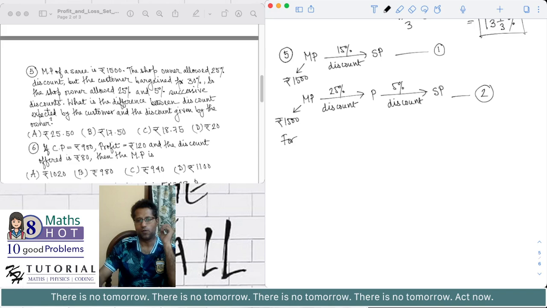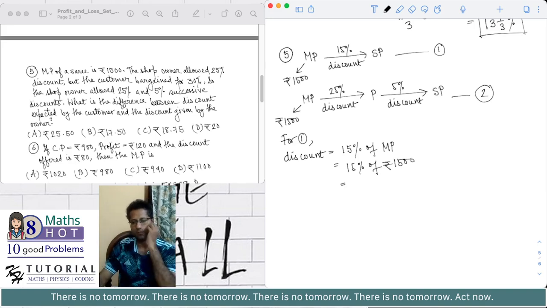So for scenario 1, discount is equal to 15% of mark price, which is equal to 15% of rupees 1500.